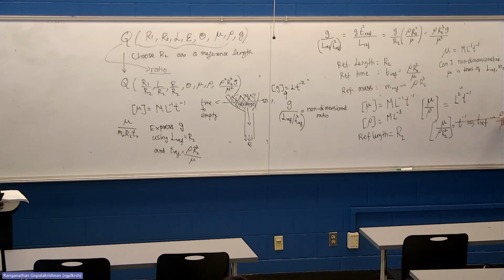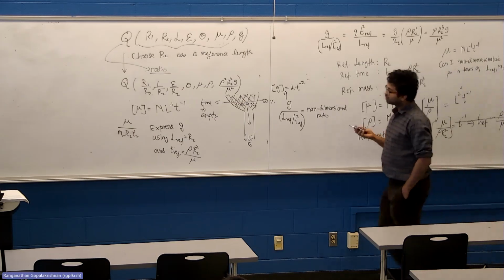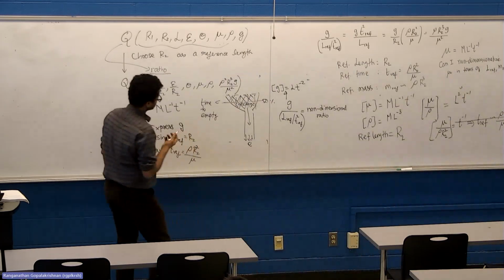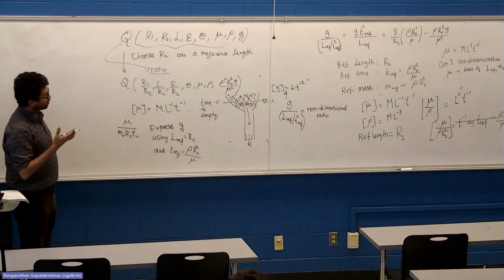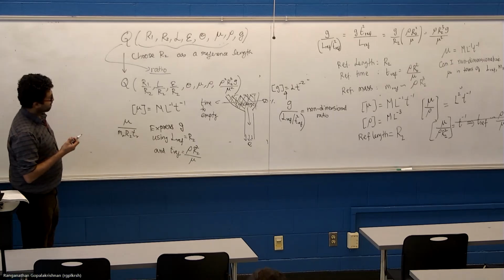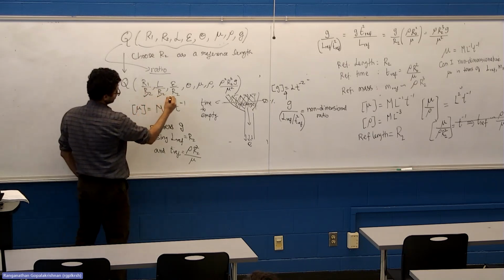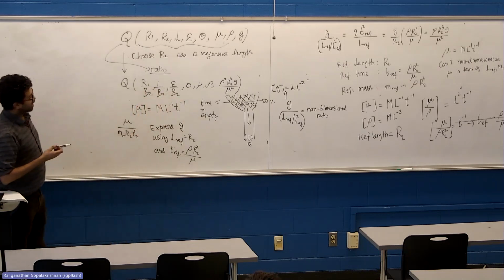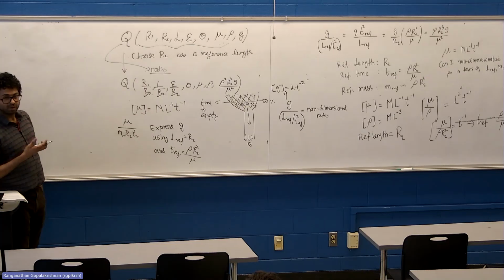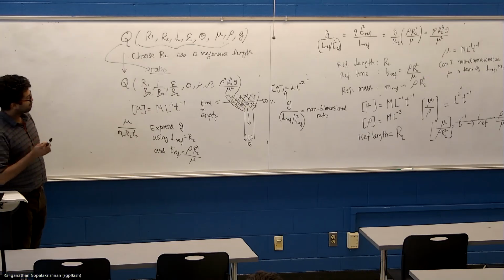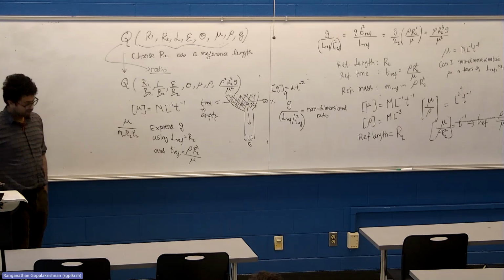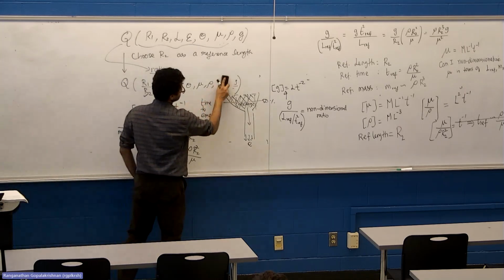I'll walk this back. What other time can we think of for this problem which doesn't depend on viscosity? You have a reference length which is R2. What other time can we choose as a reference? Gravity. Good idea. I shouldn't have normalized gravity.